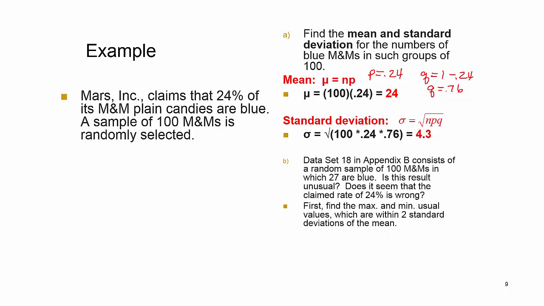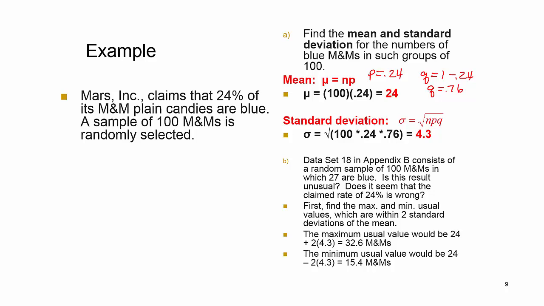So let's focus on the maximum and minimum usual values, which are always 2 standard deviations from the mean. So the maximum usual value is 24 plus 2 times the standard deviation of 4.3, or 32.6 would be the maximum usual number of blue M&Ms in a sample of 100.